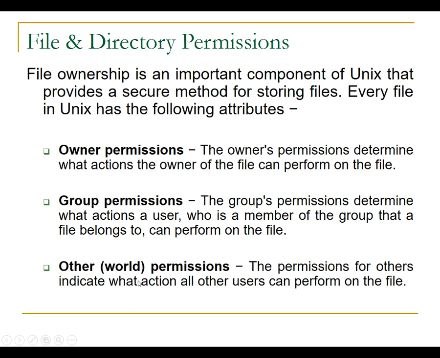And world permission means anyone from the entire domain can access and change the file created by the particular owner. So this is the hierarchy. Owner means only the owner can change the file. Group means a group of people identified by the owner of that file can change the file, and other means anyone from the entire domain can change the owner's file.